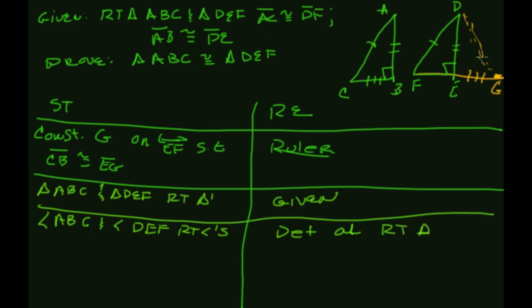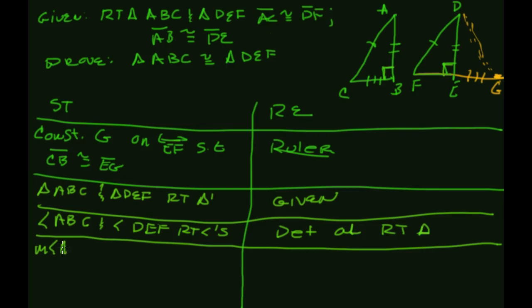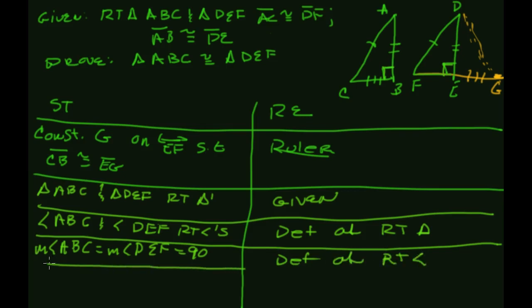It has to have a right angle here and a right angle here. This means that the measure of angle ABC has to equal the measure of angle DEF, and they both have to equal 90 degrees. That's the definition of a right angle, right? Not so bad there.